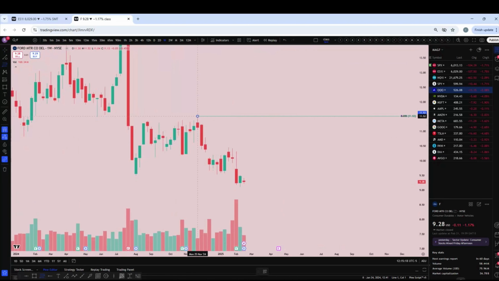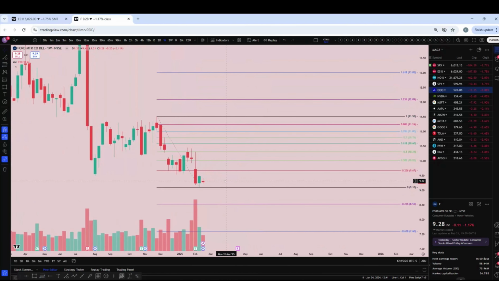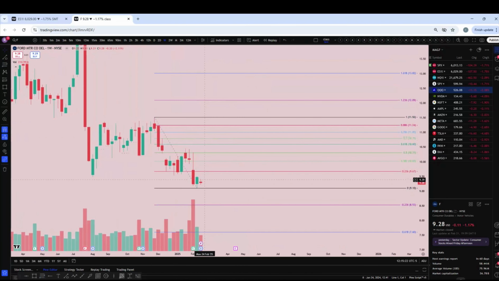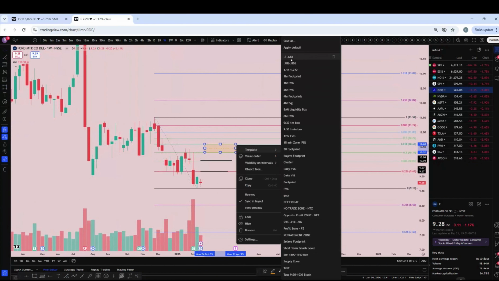Ford is one of the ones I used to trade back in the day because it was cheap, right? And so if we push up, my first line would be here, and then here, and then here we go.